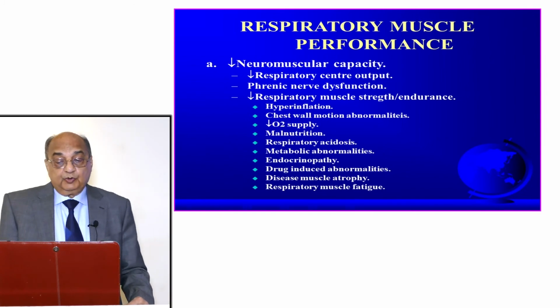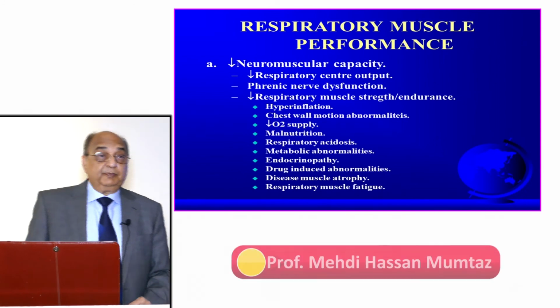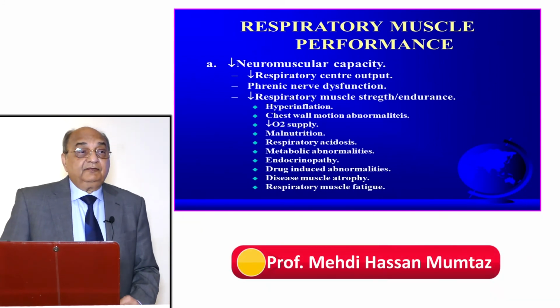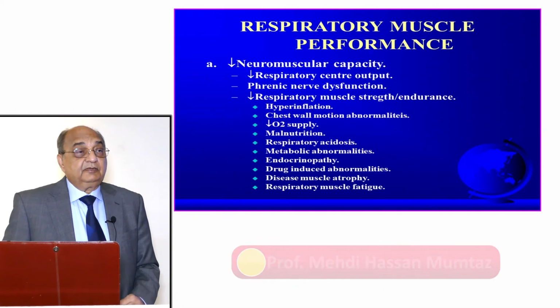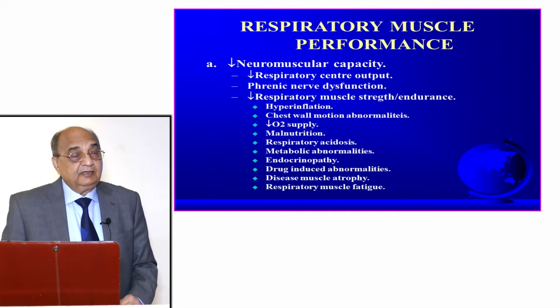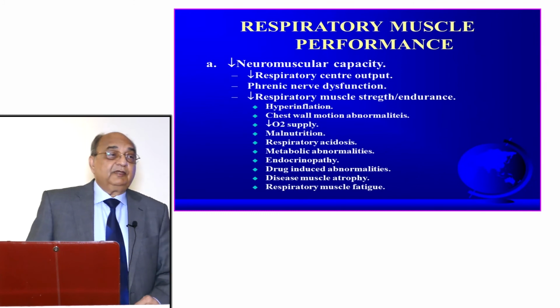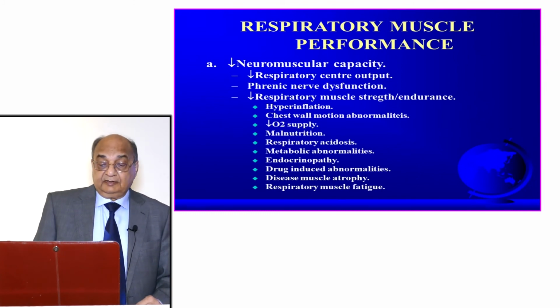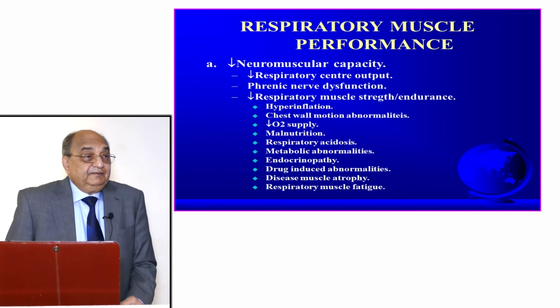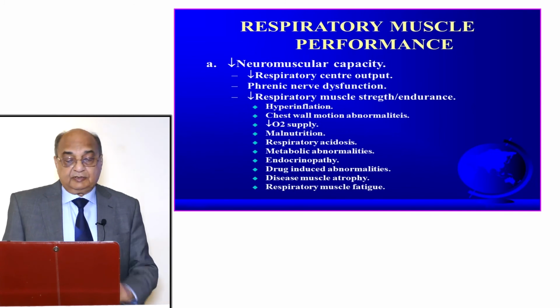Then chest wall motion abnormalities, could be paradoxical breathing, or if there is any chest problem with the patient who cannot breathe properly, then we'll have to consider alternative ways to improve it when we are taking the patient off the ventilator. Then oxygen supply. We'll have to give adequate oxygen supply.